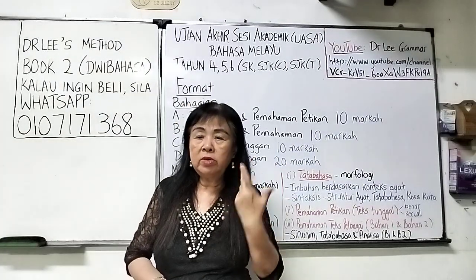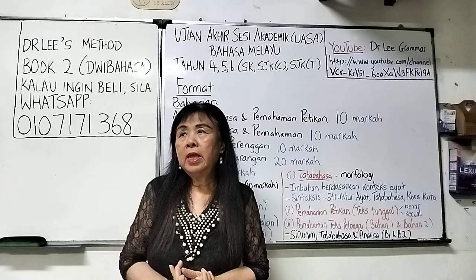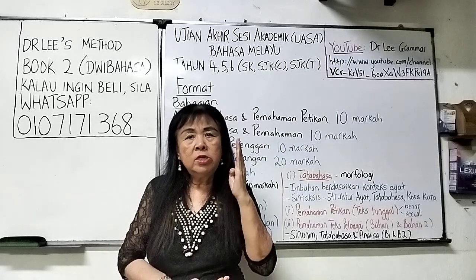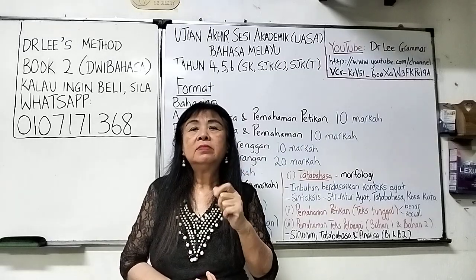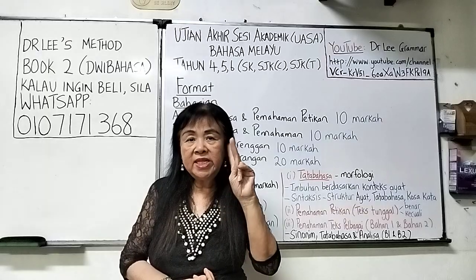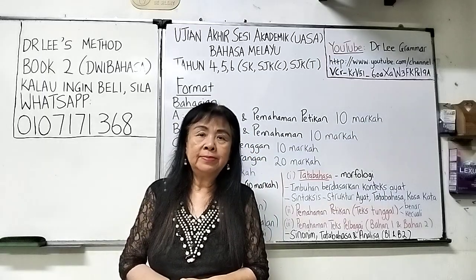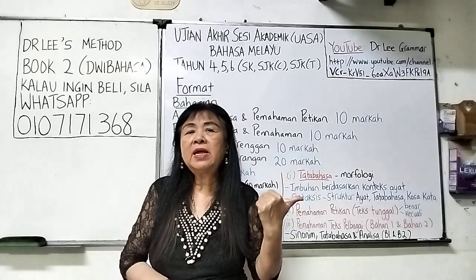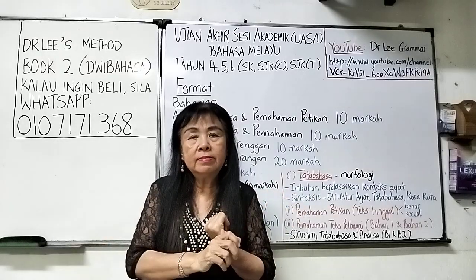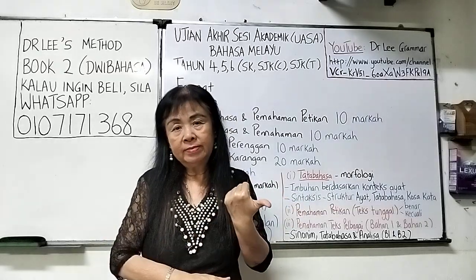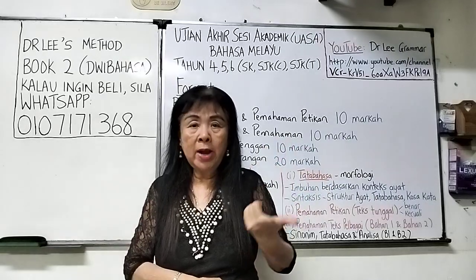So one thing I would like to inform you is that for year 4, 5 and 6, you need to know 20 different types of grammar, like ayat active, ayat passive. I just give examples. Active and passive voice. Just now I mentioned imbuhan.